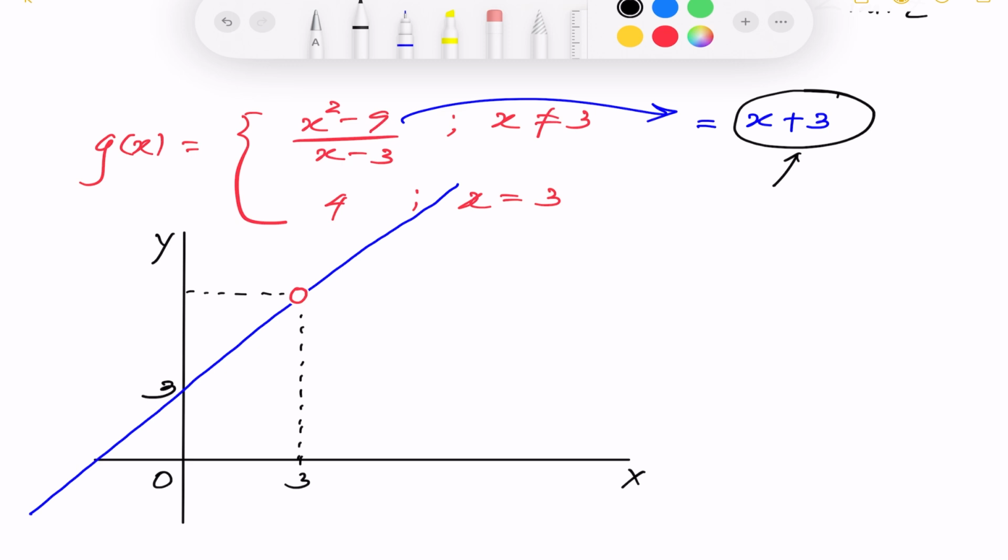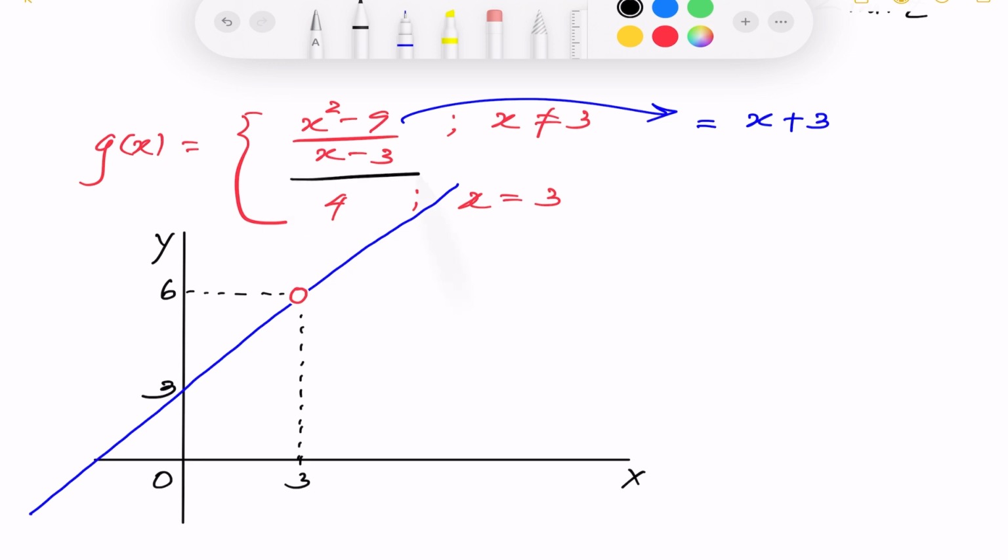Since those two values are very close to 3, I will simply replace x with 3 in this equation, x plus 3. So it will be 3 plus 3, 6. Approximately this height will be equal to 6. All right, we are done with that part.